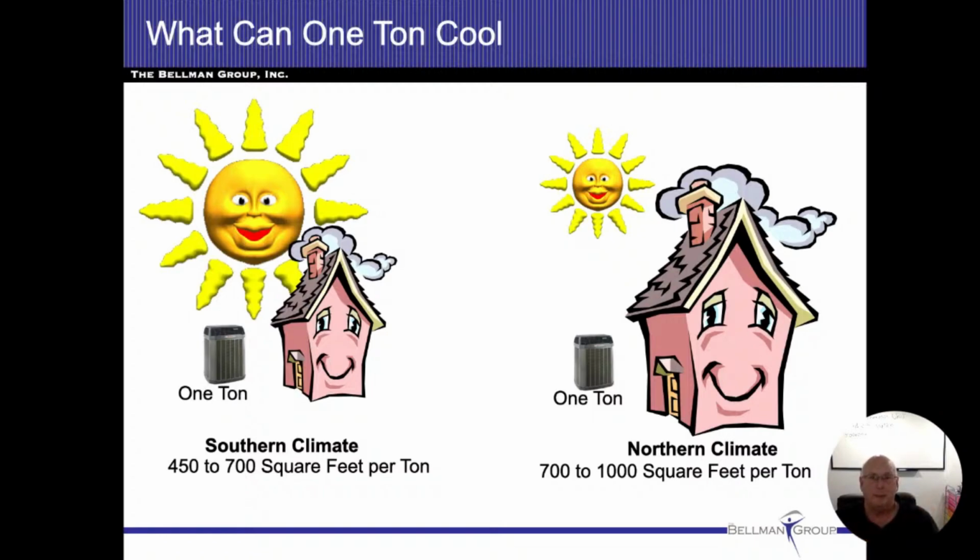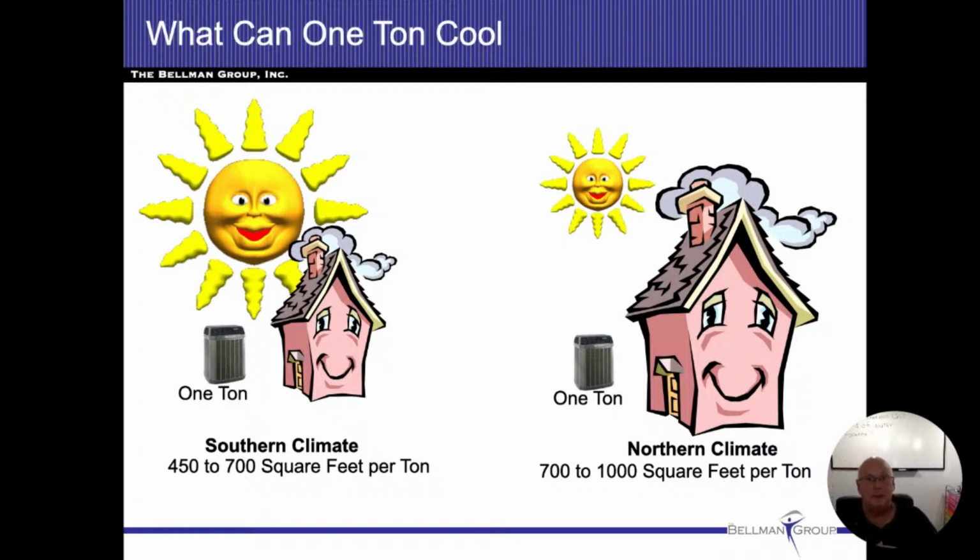They're going to look at the amount of insulation, the square footage of the home, how many windows there are. Basically, what they're going to try and determine is how much heat loss is going to be happening in this house so that they could go ahead and put the right size systems to replace that heat loss or heat gain. When we're talking about air conditioning, the houses are going to gain heat. We need to absorb that heat and remove it from the house. All right. So this is just a rule of thumb.